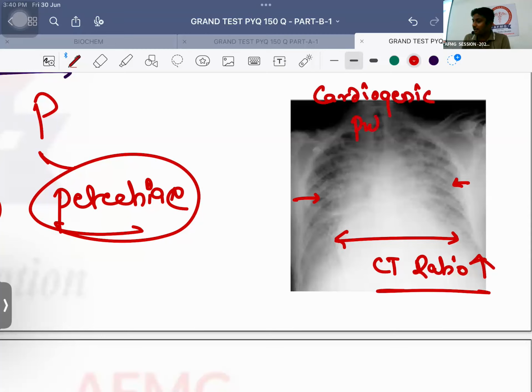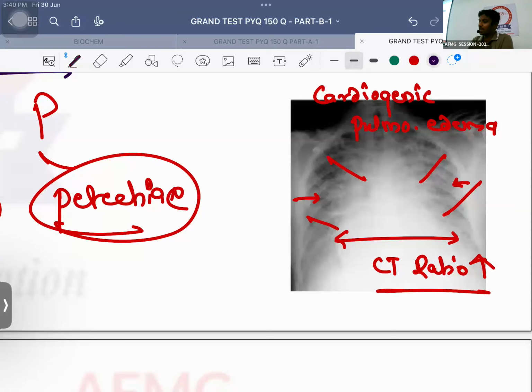So this is a cardiogenic pulmonary edema. Which sign is classically seen? Bat wing appearance. In cardiogenic pulmonary edema we get the characteristic bat wing appearance, which is not seen in non-cardiogenic pulmonary edema. Important is that.